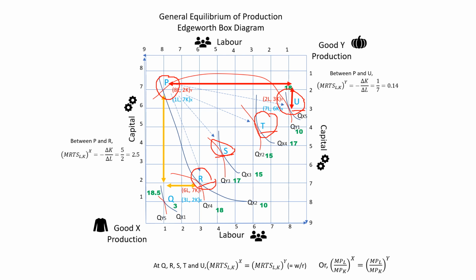Now let us discuss what is the implication of moving from point P to point R, or point P to point S, or point P to point T, or point P to point U.